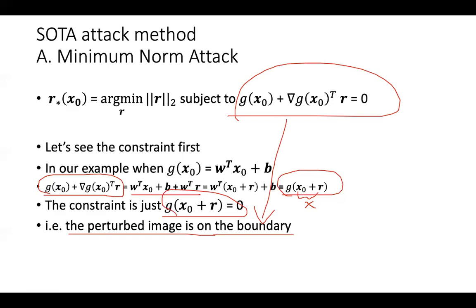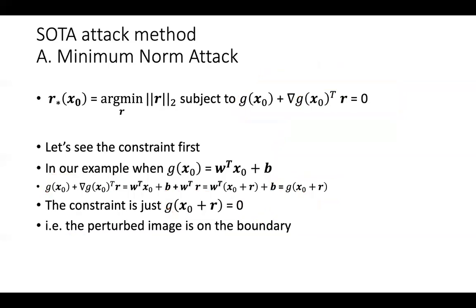So here the gradient towards x, all right. So here the gradient is the gradient of this formula towards r? Towards x. Yeah. Times r. Oh yeah, times r. The gradient is just the weight vector.